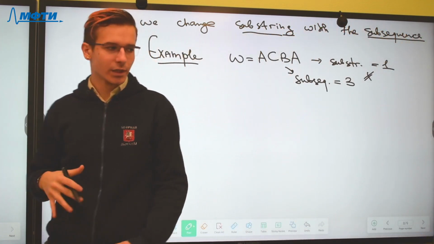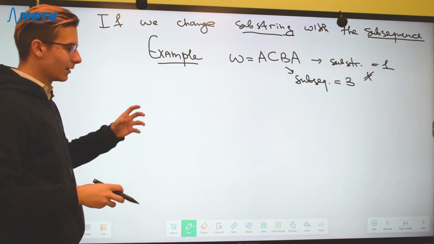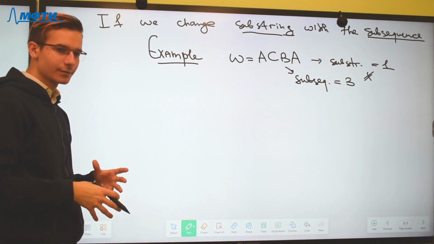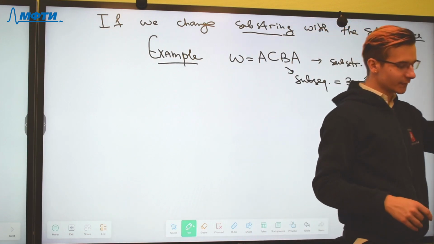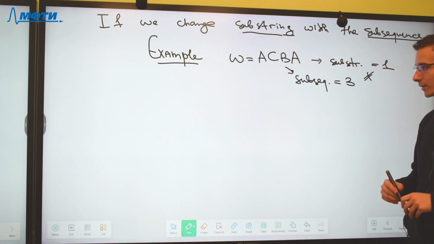And if we try to use the naive algorithm to count all of these cases, how many subsequences do you know in a word with n characters? 2 to the power n.